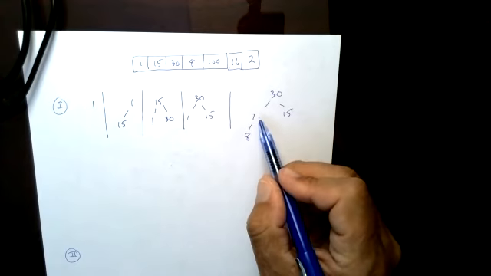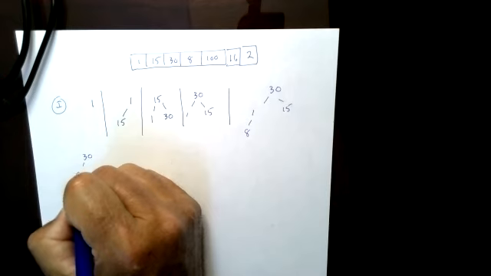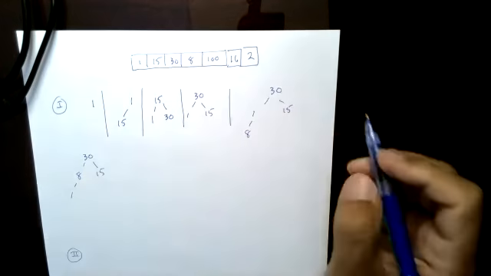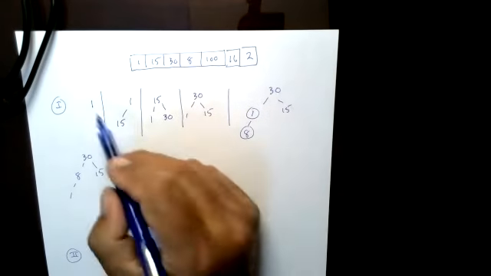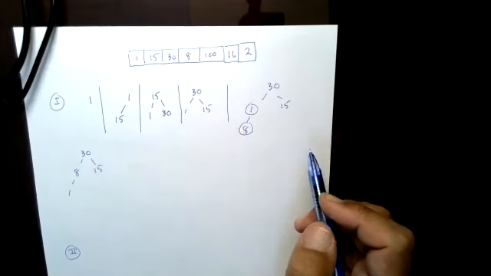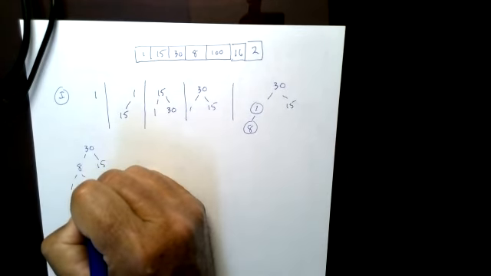And 8 percolates up. Now I have 30, I have 8, I have 1, and I have 15. I swapped these 2. I swapped those 2. My next number I'm going to add is 100.